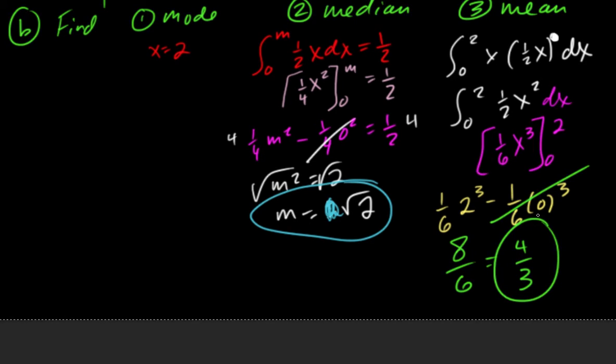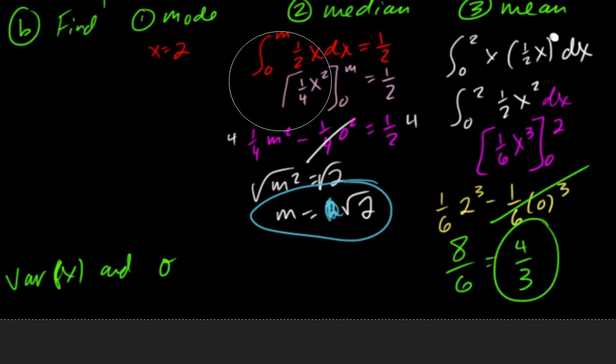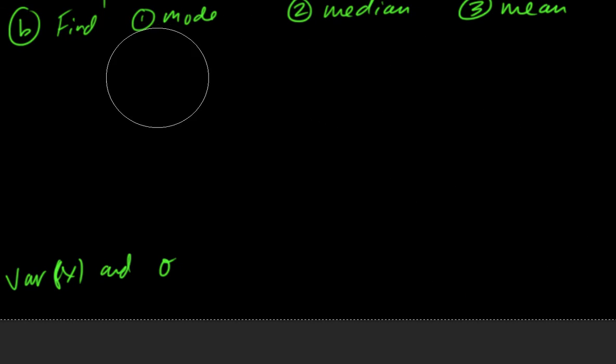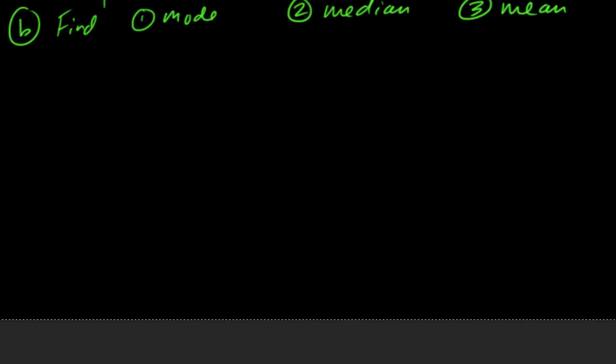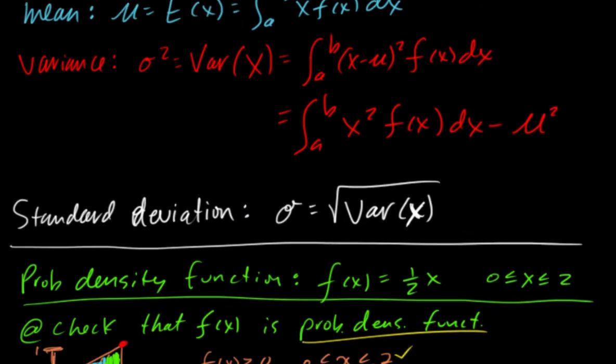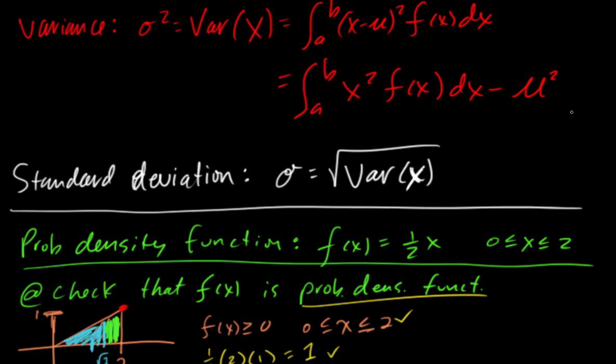Okay, and then we need to find the variance and standard deviation. I'm going to erase this. And let's just move that up there. Okay. So if we go up here, the variance we see is this or this.